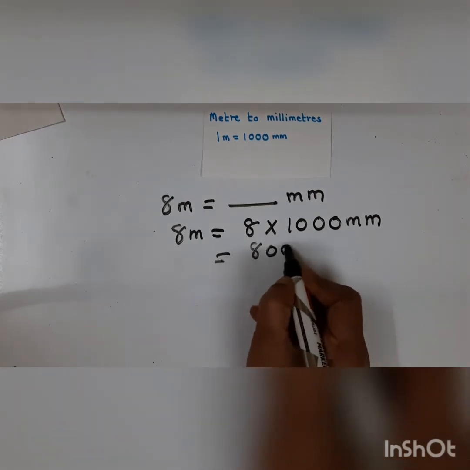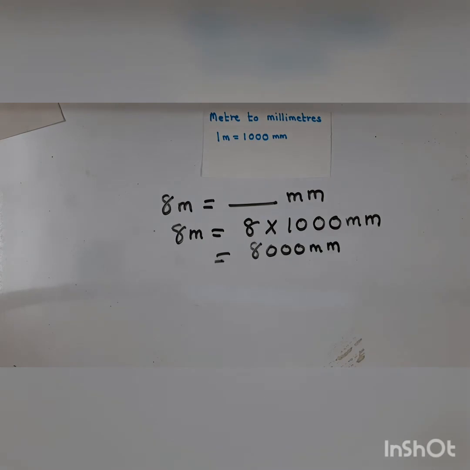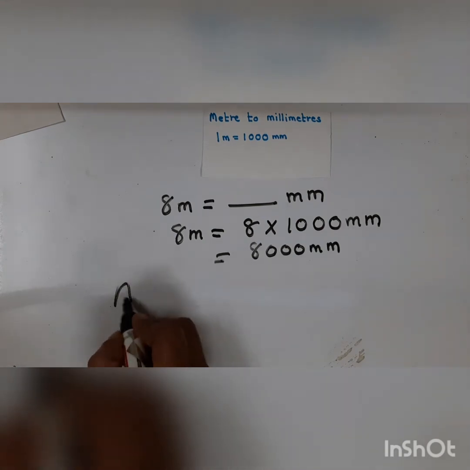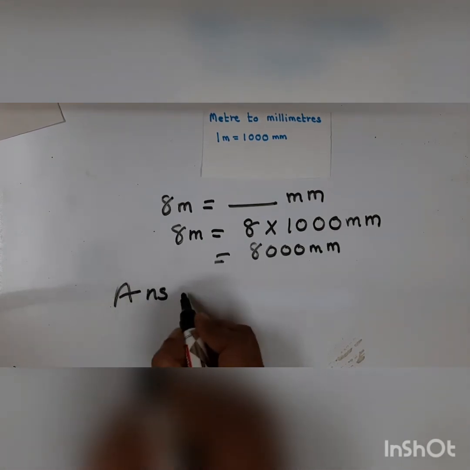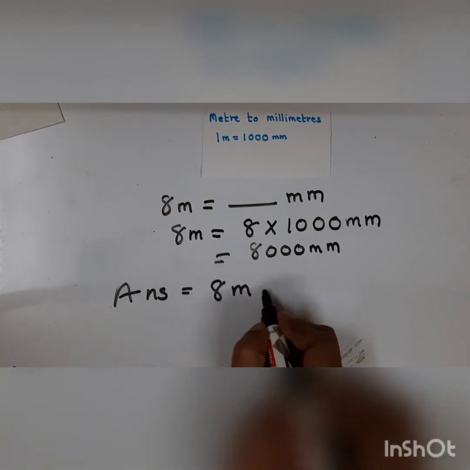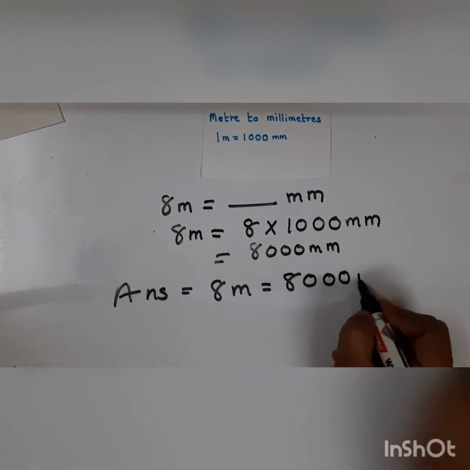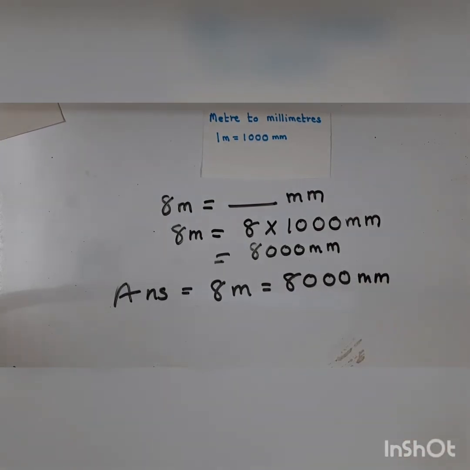Don't make a mistake with the zeros. 8000 millimeters. So what would your answer be? Your answer is 8 meters is equal to 8000 millimeters. Got it? Okay.